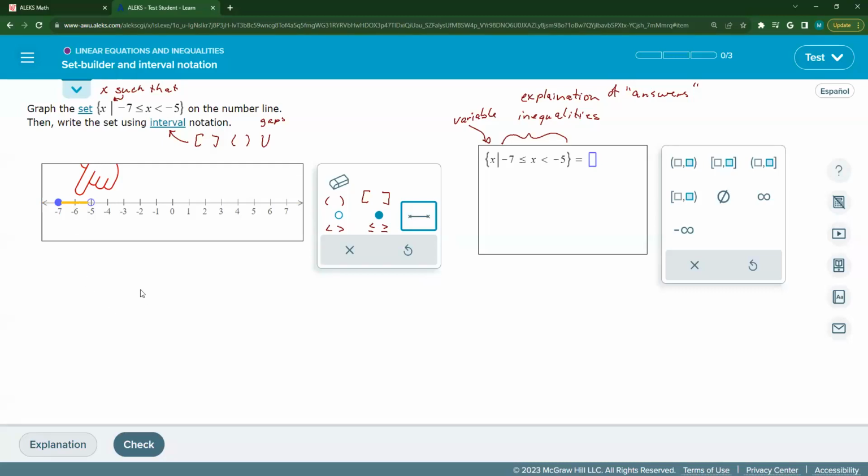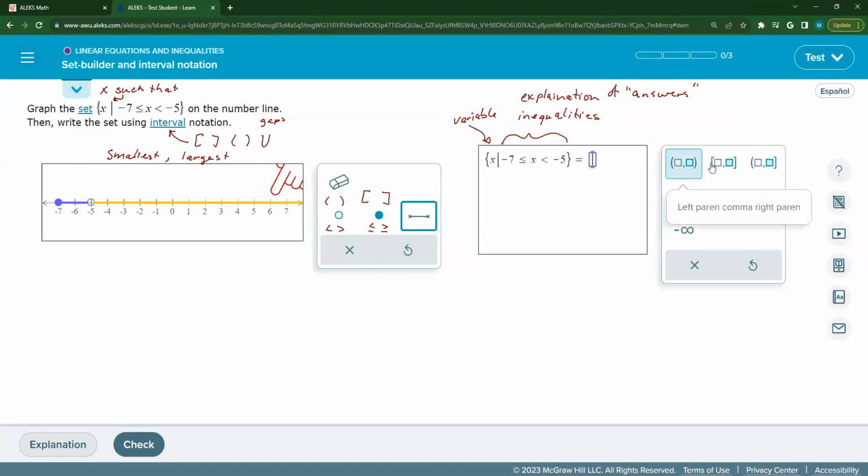And now when we're doing interval notation, the other thing that we want to say is we always want smallest to largest. And it doesn't have an arrow, it's going to actually have a comma in it, and we can mix and match brackets and parentheses. So for this one, it's got a closed circle, and then it's going to an open circle, and it's shaded right in between.